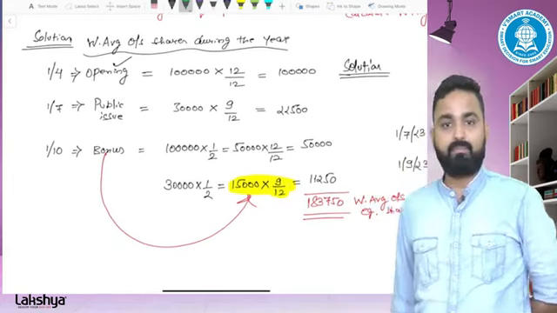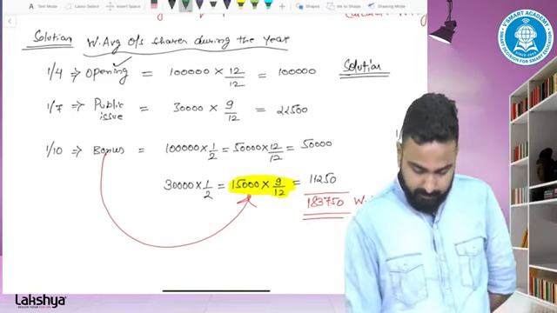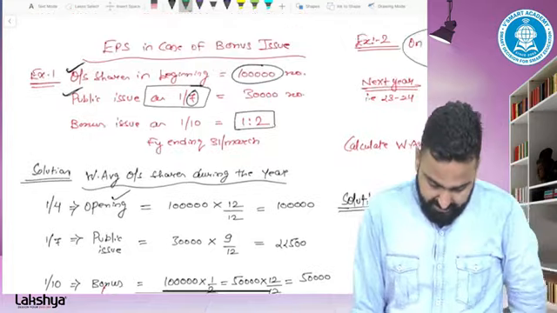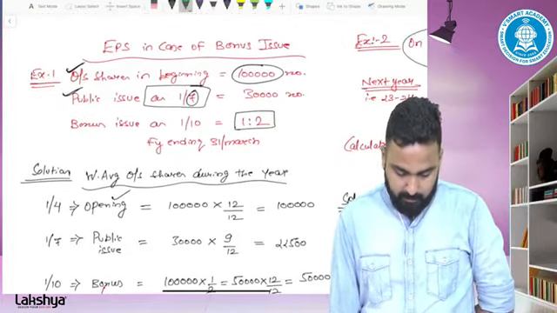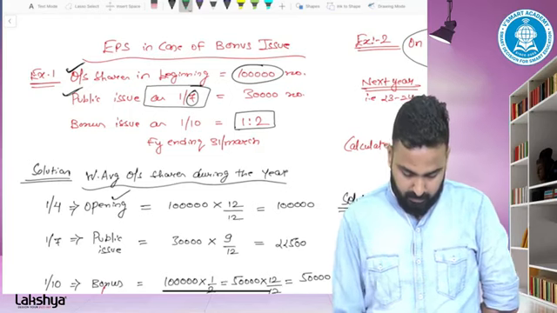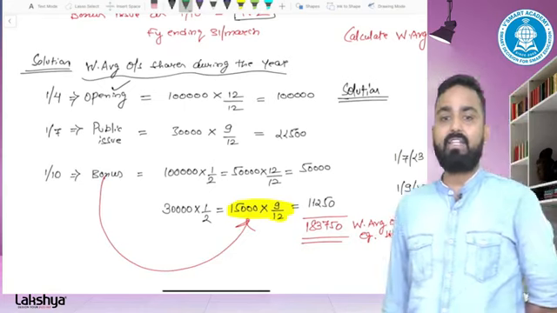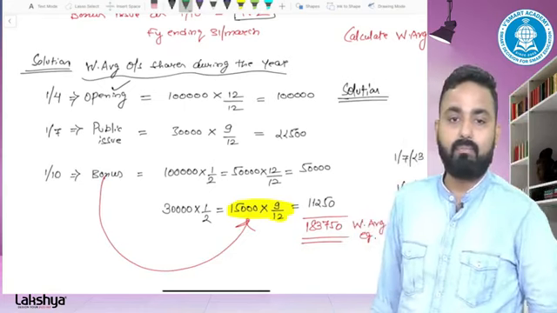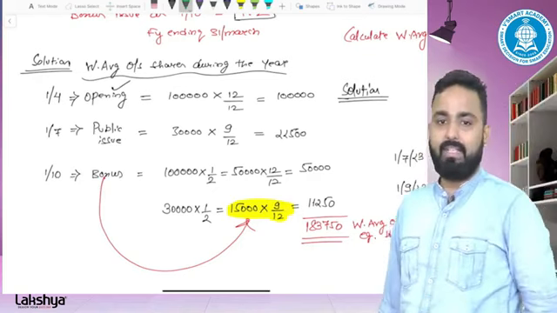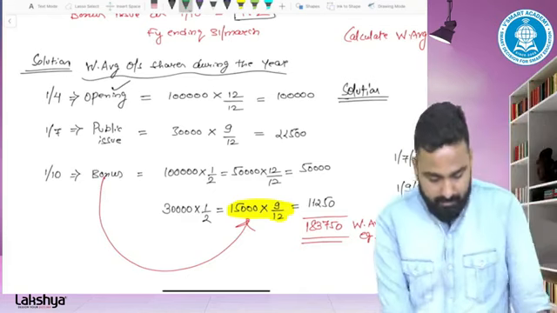The weighted average is 183,750. Sir, how come?